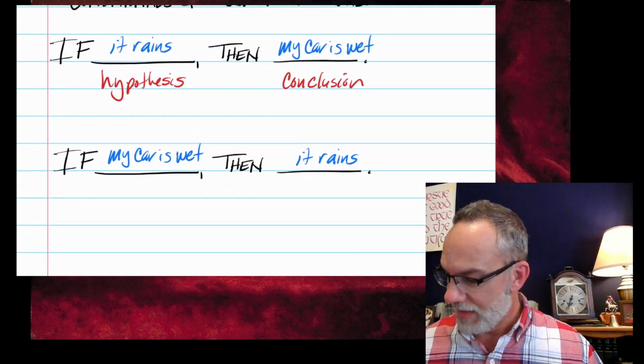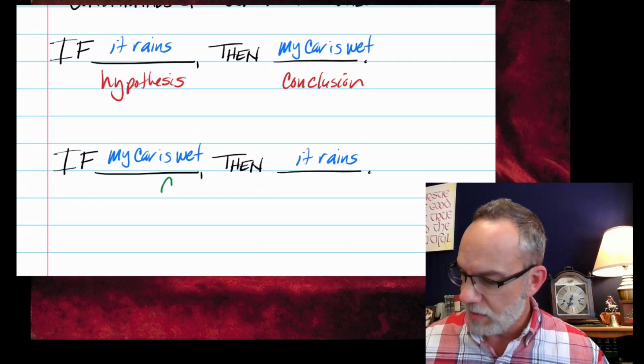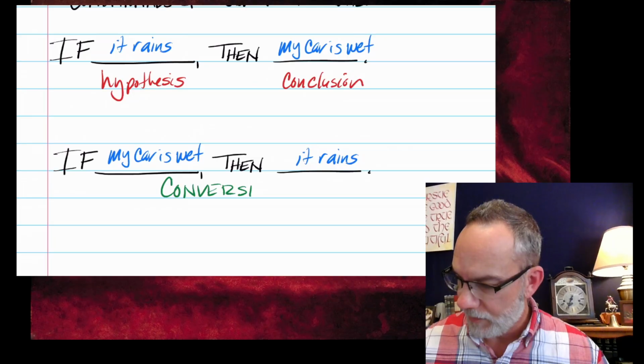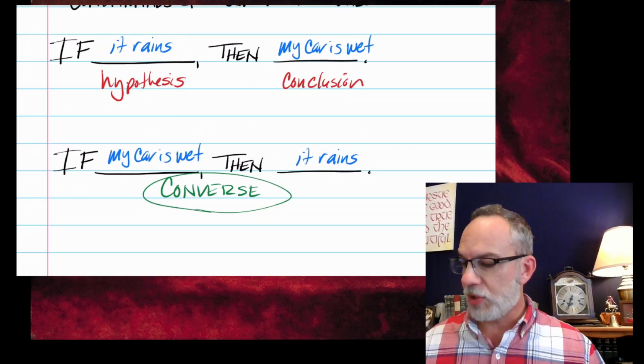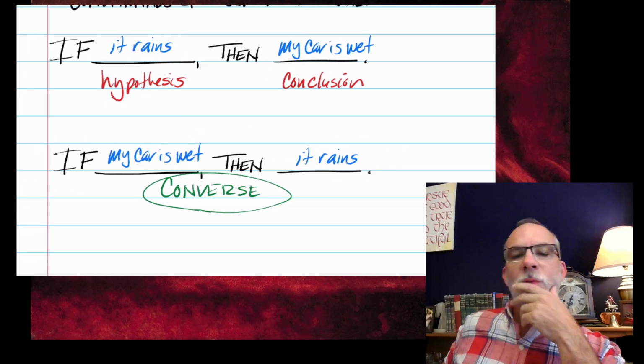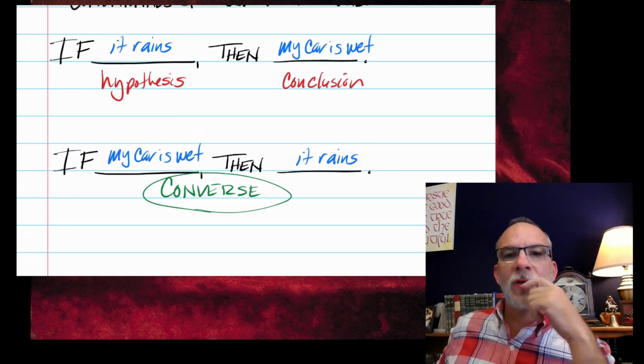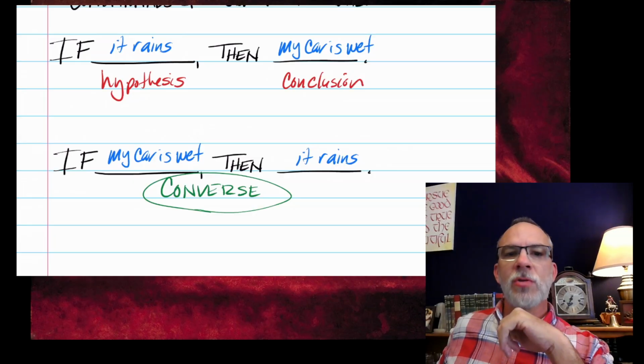This statement actually has its own special name. This is called the converse. When you switch the hypothesis and the conclusion, you get a converse. Now, even if the original conditional is true, there's no guarantee that the converse is also true. It's a separate statement. You have to think about that.